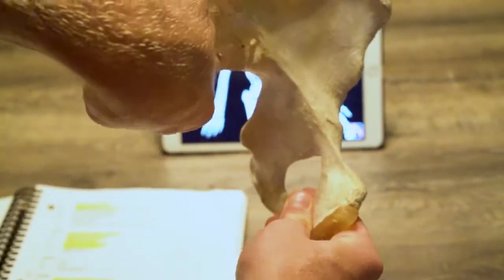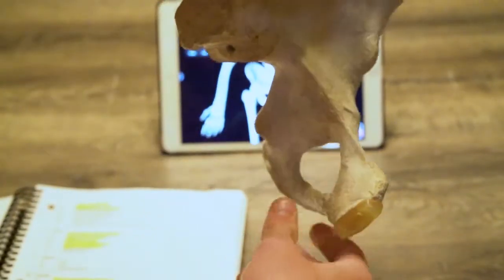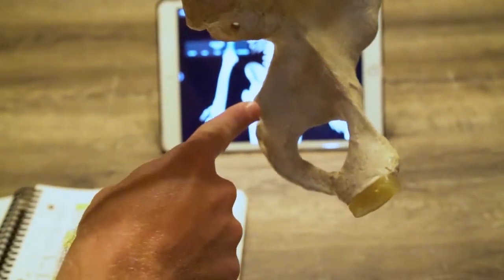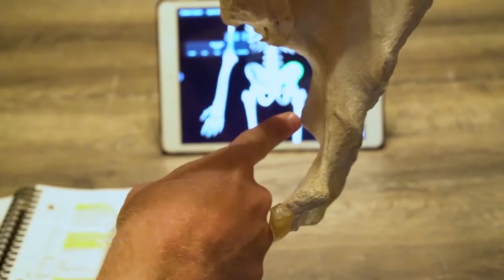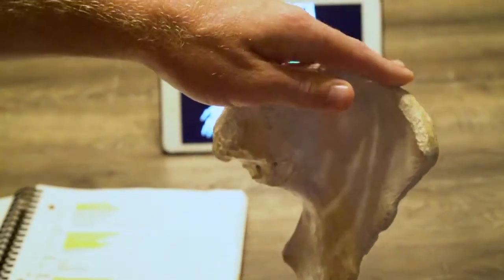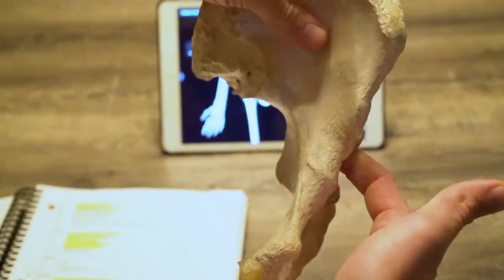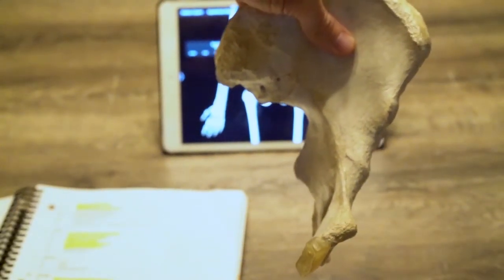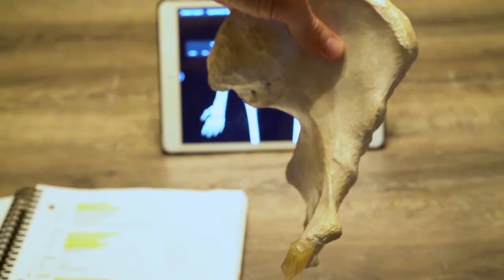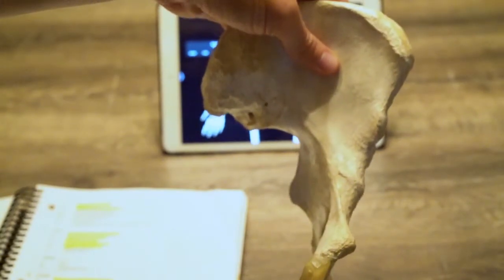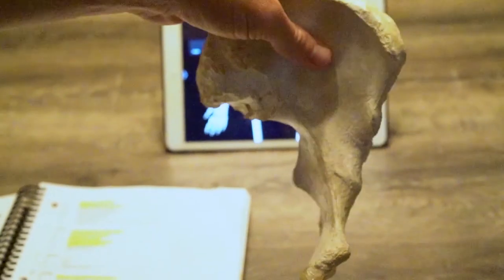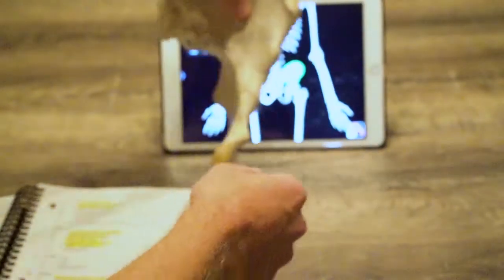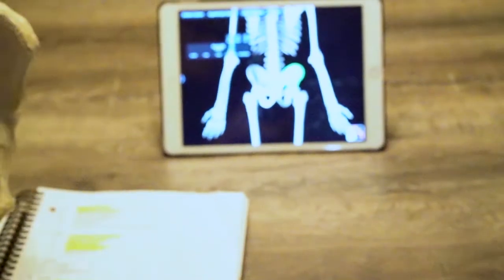So this way is posterior, this way is superior, and this crater is lateral. So let's turn this way. The spine is posterior, the crest is superior, and the crater is lateral. Do I have a right or left hip here? Well, this would be a left hip. There's no other possibility. So if we bring it to this skeleton here, it would be this hip that is highlighted right there.